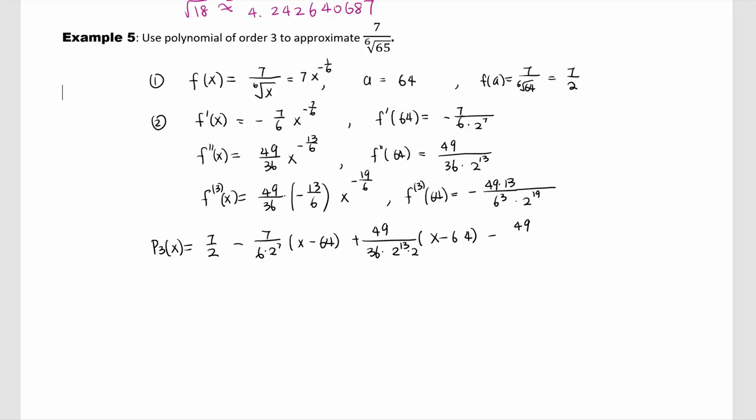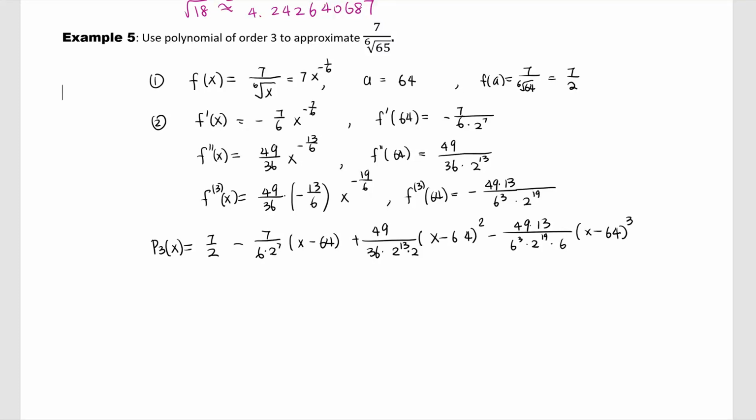Don't forget, it's the second derivative over 2 factorial. And then here is the third derivative over 3 factorial, which means divided by 6, times x minus 64 to the cube.